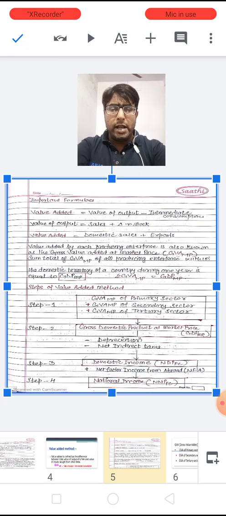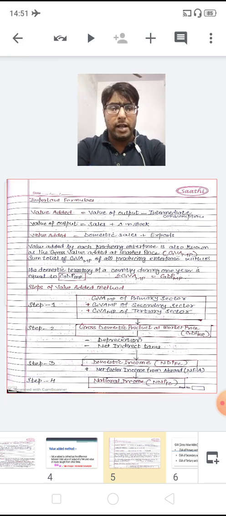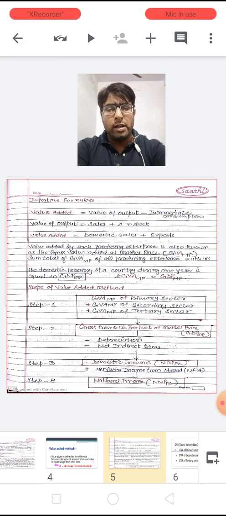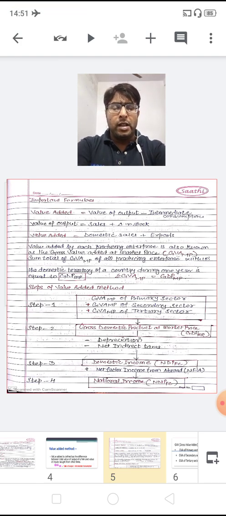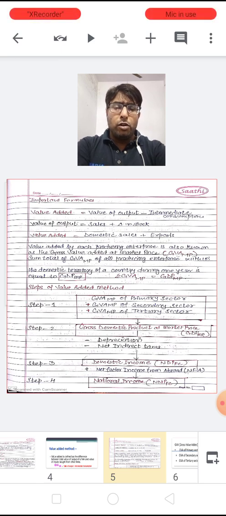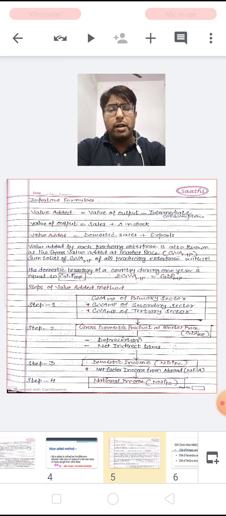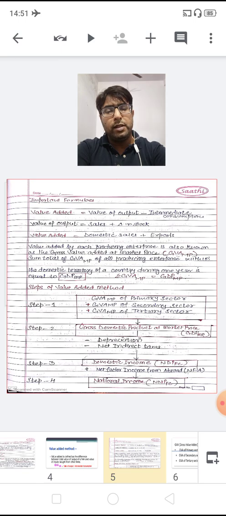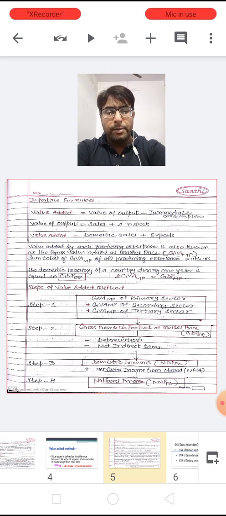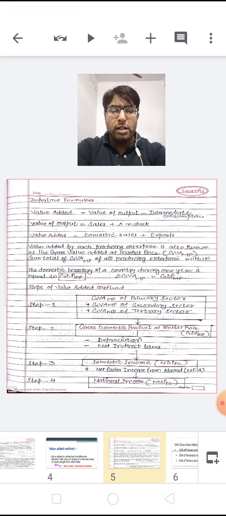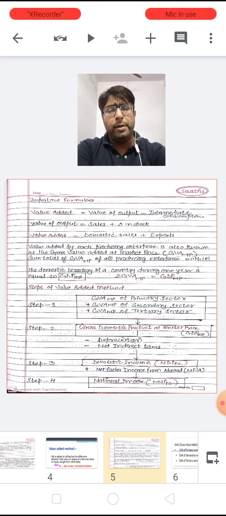Value added by each producing enterprise is also known as the gross value added at market price, and the sum total of gross value added at market price of all producing enterprises within the domestic territory of a country during one year is always equal to GDP.